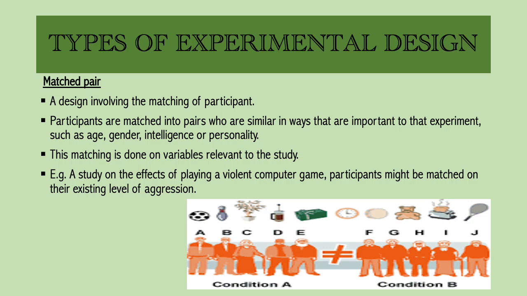For example, I want to group them based on the similarity of their age. So, for example, I want 20 participants. So 10 would be in condition A, 10 would be in condition B. But then how am I going to divide? How am I going to assign who goes to A, who goes to B? I match it based on their age.